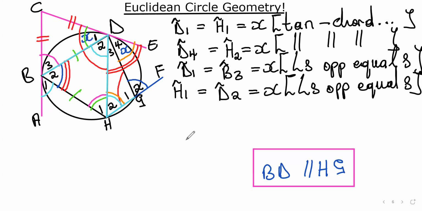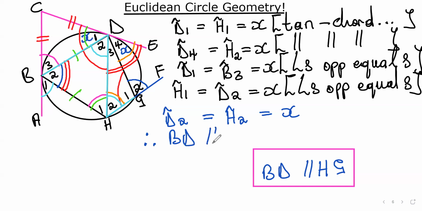So now we just need to write down a conclusion, or rather an observation first. What is the observation? The observation is D2 is equal to H2. That's what we can see. And both of them are equal to x. Well then, this means that BD is parallel to HG.